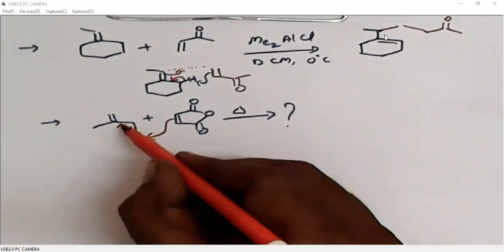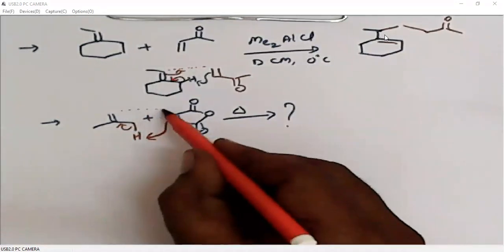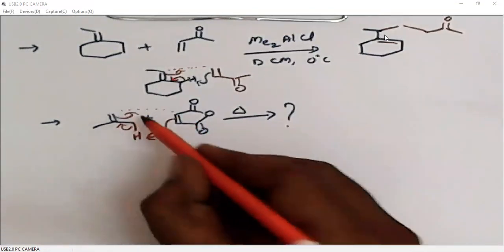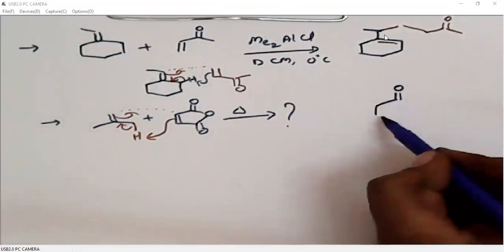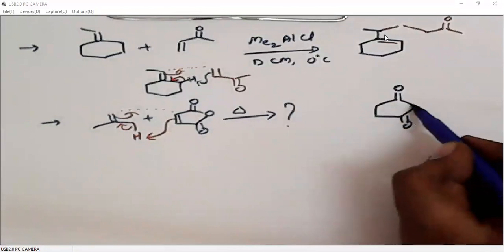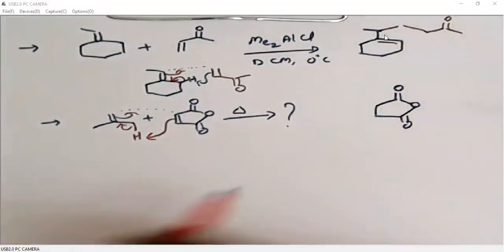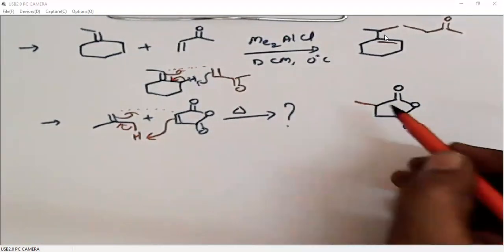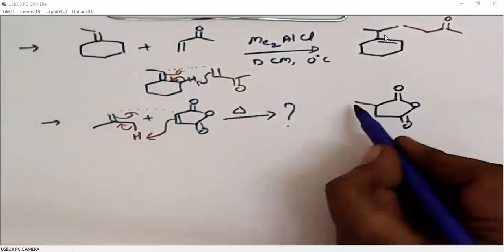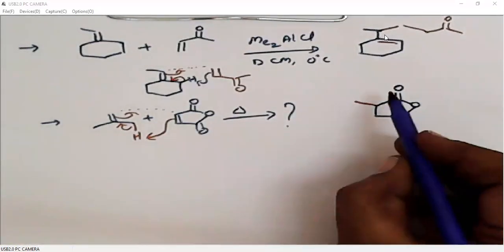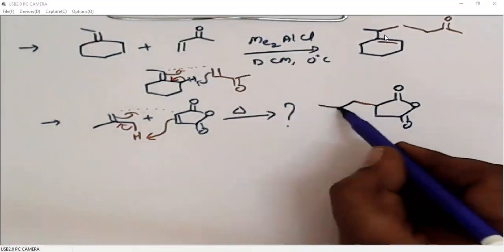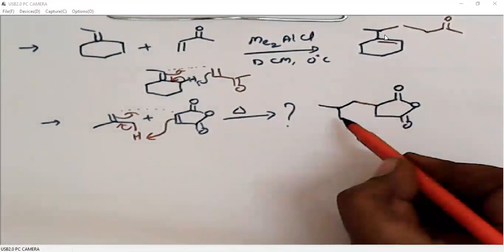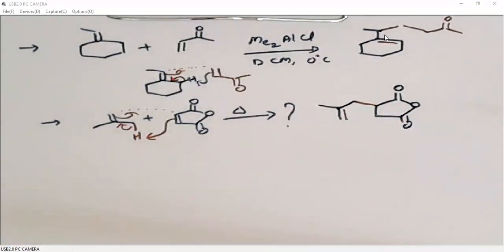These sigma electrons will be polarized and there will be a sigma bond formation like this. So what is the product? This is the new sigma bond which is generated. And this is the new pi bond which is generated.